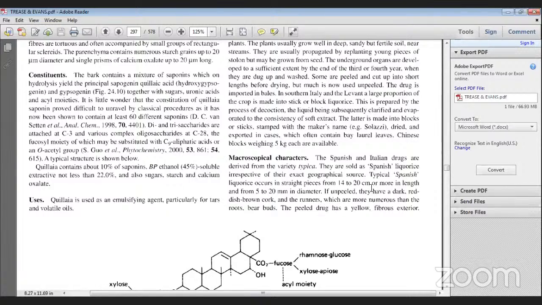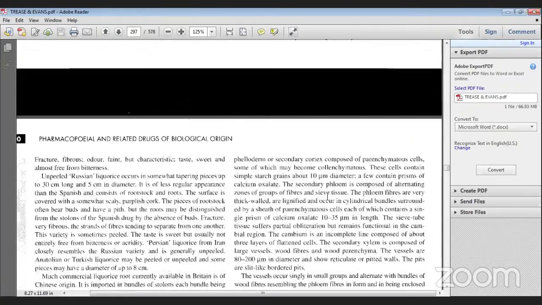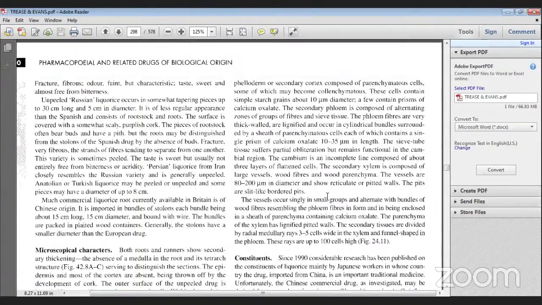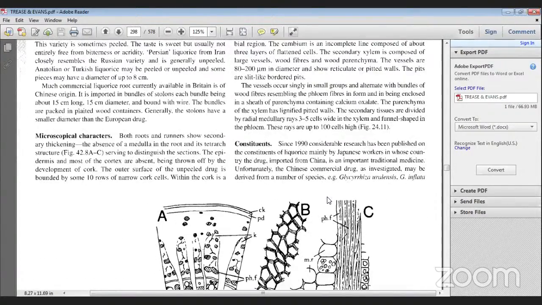Next are the microscopical characteristics: presence of lignified fibers, phloem and xylem vessels, and presence of stolons, teeth, and parenchymatous cells.